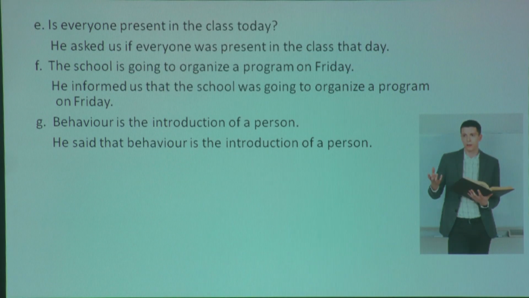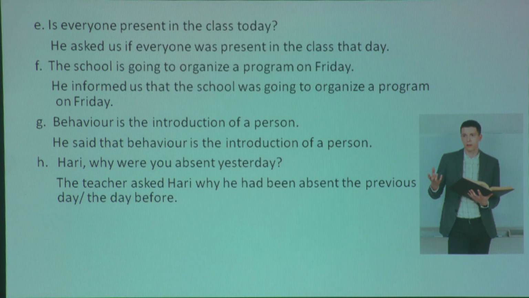Now let's look at the next sentence. Hari, why were you absent yesterday? This is the sentence from your teacher, and this is a question. This is a WH question. So for a WH question, we don't use any kind of connector. Let's look at the answer. The teacher asked Hari. Obviously there is asked because the teacher asked a question to Hari.